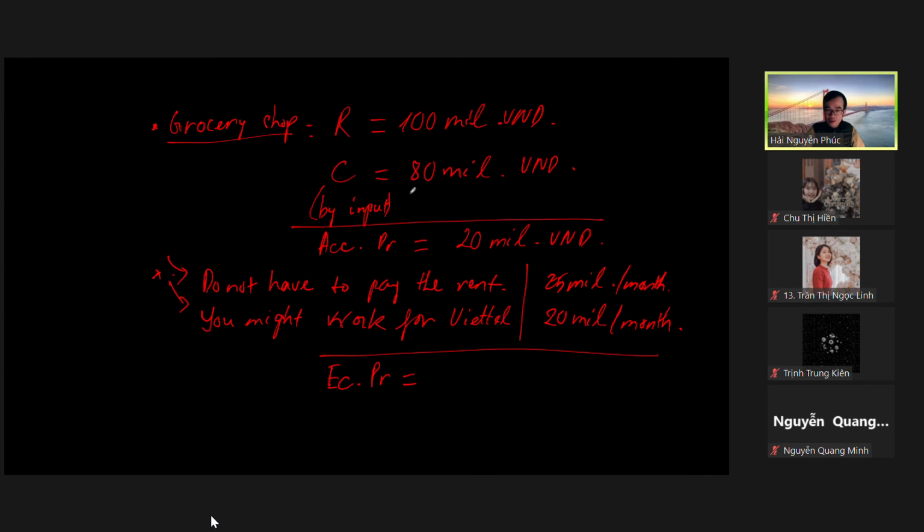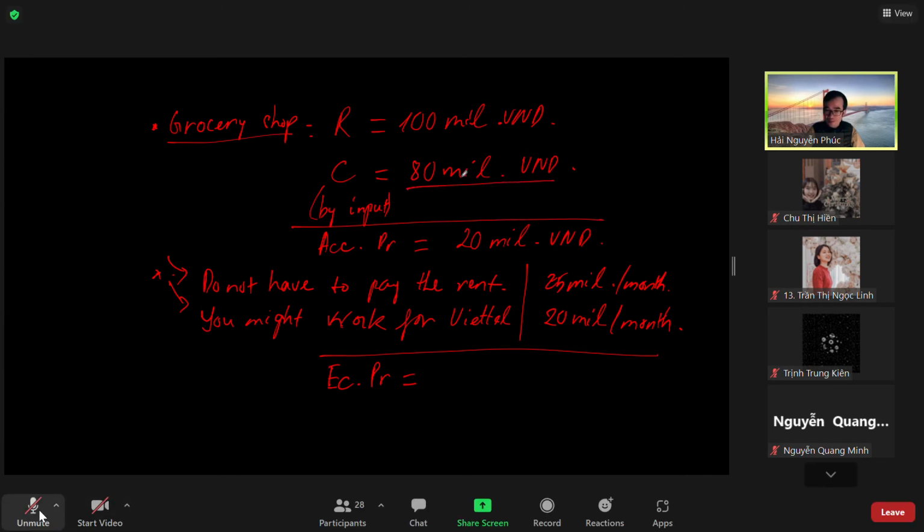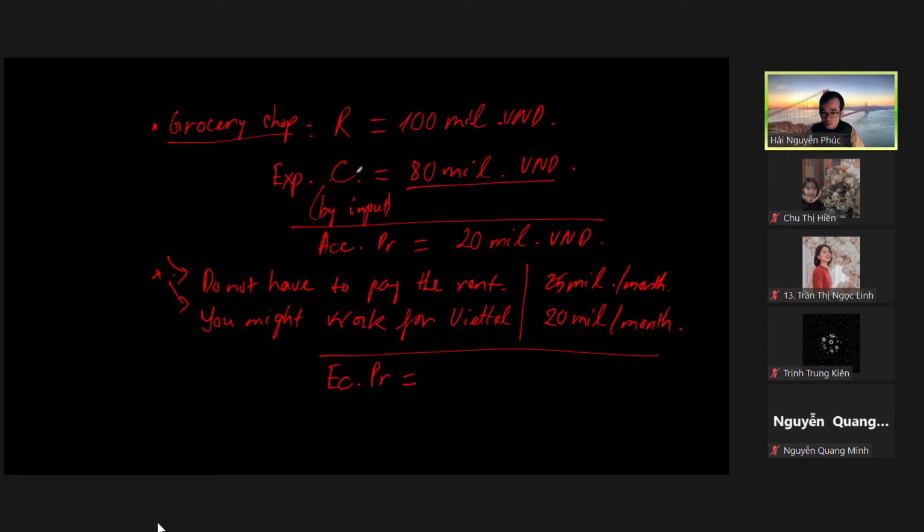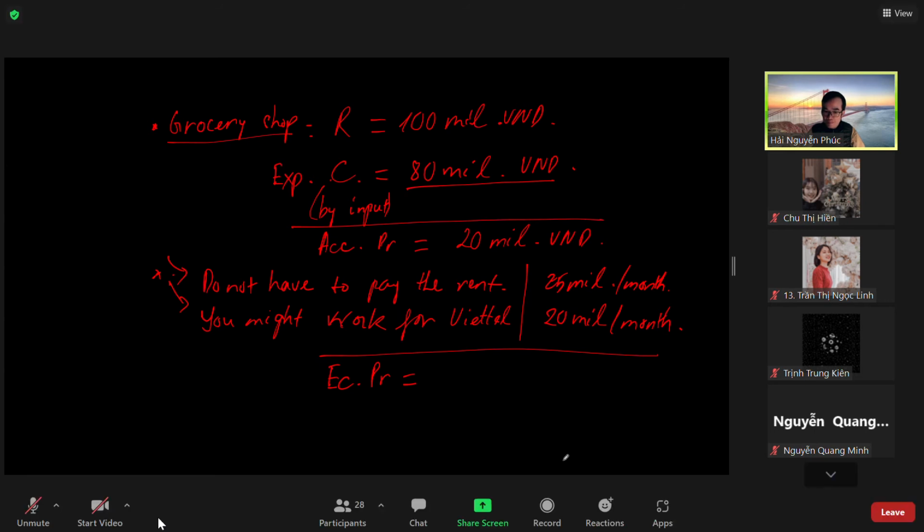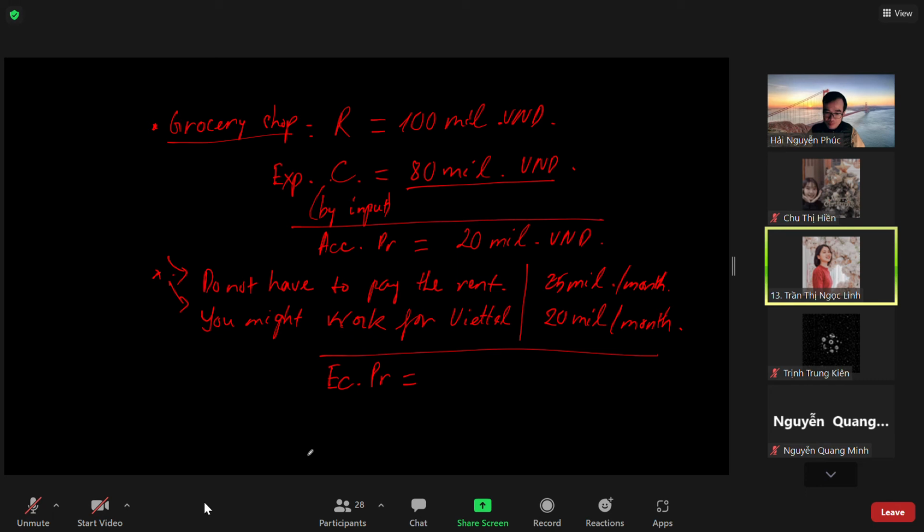You can see that the cost of buying inputs, 80 million, is your explicit cost. How do we compute your implicit cost? Anyone? The implicit cost is 25 million.